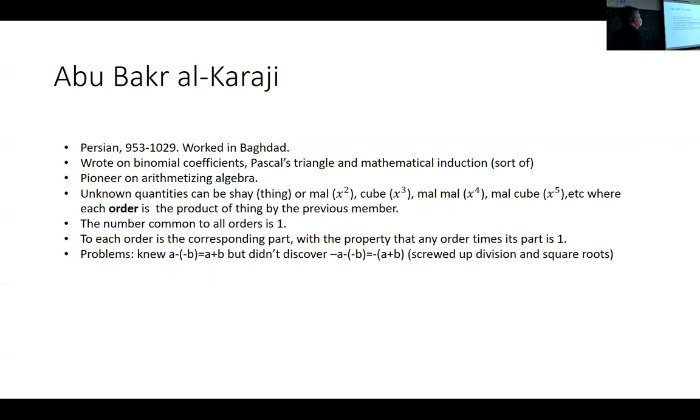And so now instead of thing, mal, cube, mal cube, we can also talk about part thing, which is 1 over x, part mal, which is 1 over x squared, part cube, part mal cube, etc.